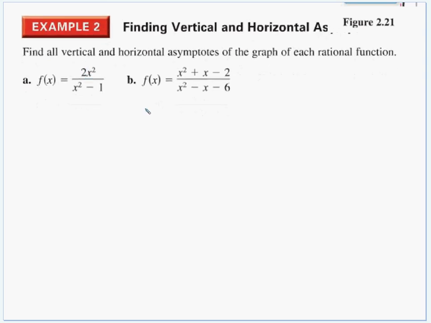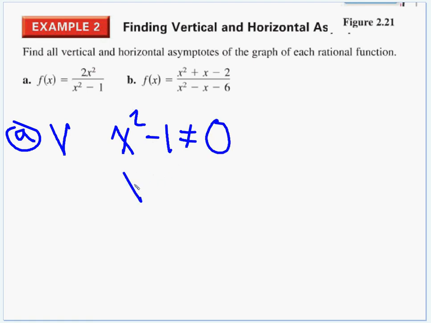So for letter A, the horizontal asymptotes, I'll use letter H, we're going to set the denominator equal to 0. Or no, excuse me, this is vertical asymptotes. The vertical asymptotes come from the denominator. We're going to set the denominator not equal to 0. And if we work it that way, we're going to add 1, and then take the square root.